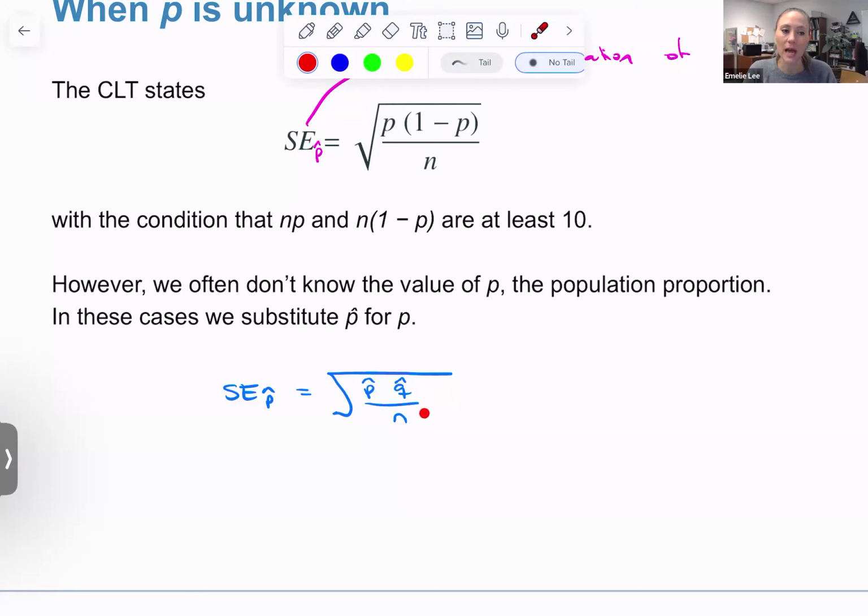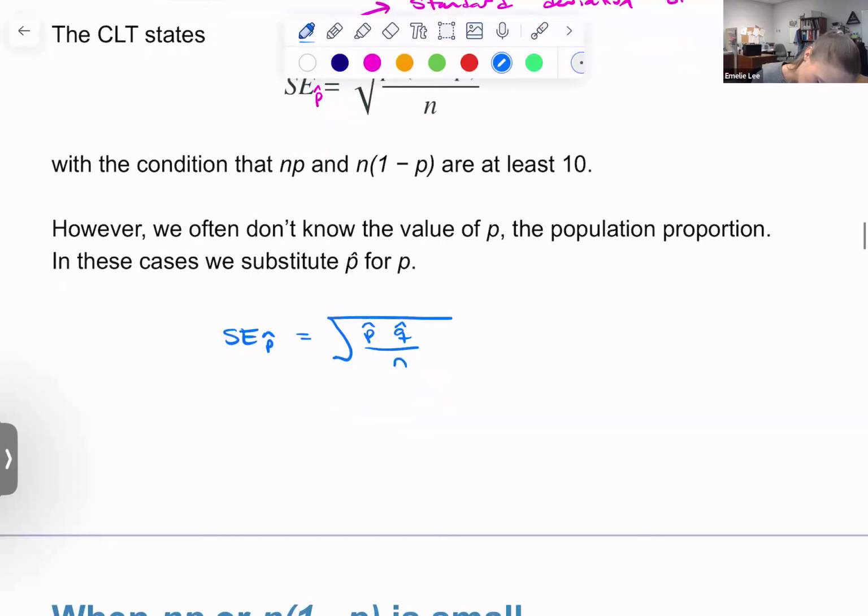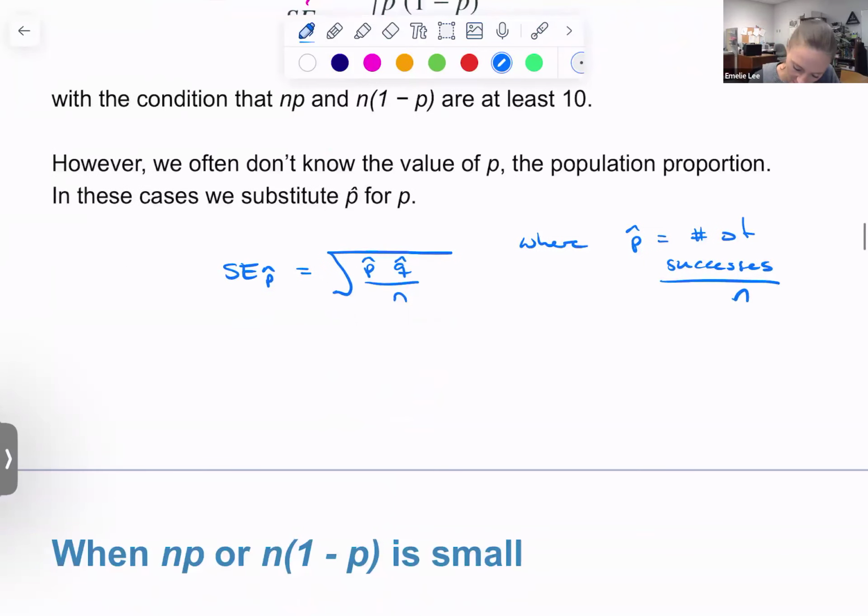And so usually we have n just as part of the problem. Now, the number of successes is often denoted by a capital X over n.